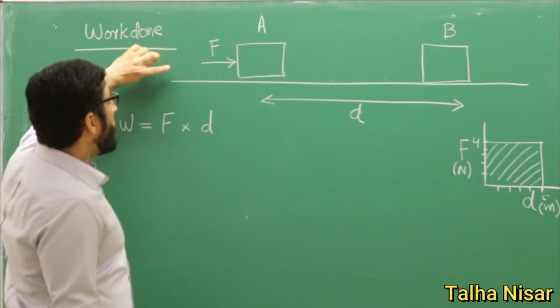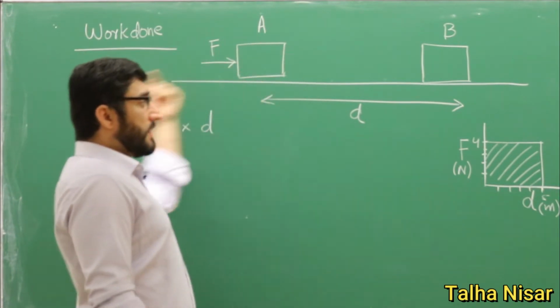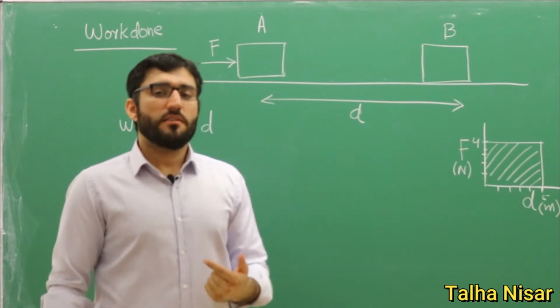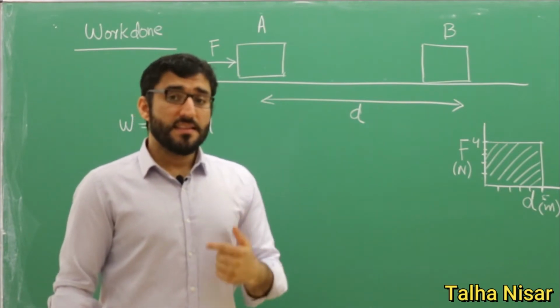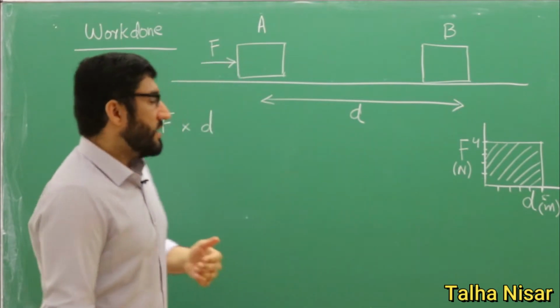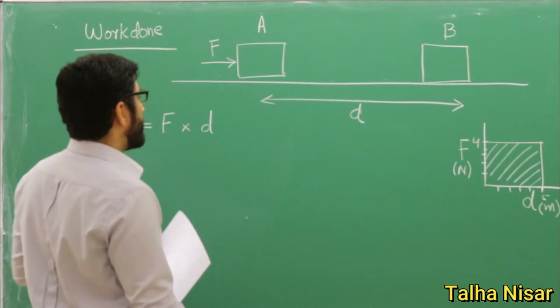Another case: the force is applied in this direction and the displacement is in the completely opposite direction, meaning the angle is 180 degrees. In this case, the work done is negative. An example is the work done due to frictional forces.